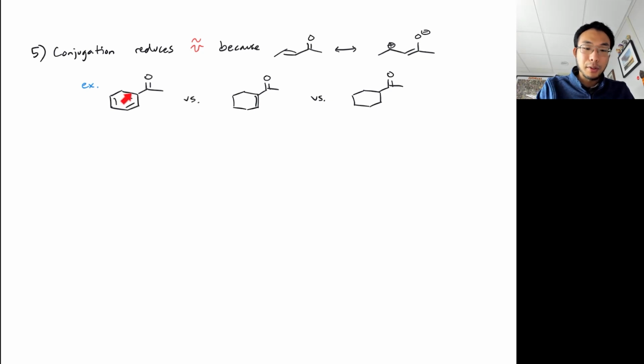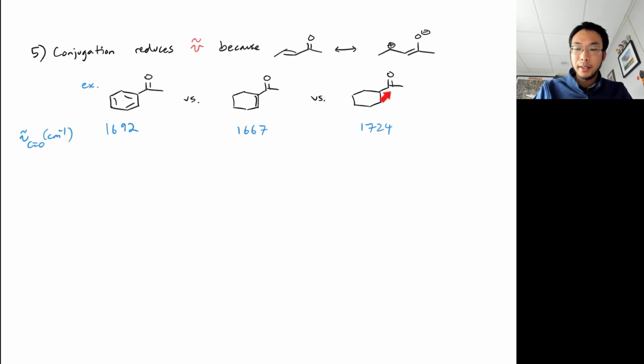You could think of it as conjugating a little bit outside here, but also conjugating to be aromatic. So we'd expect less impact on the stretching frequency. And the numbers bear that out. The regular ketone, 1724. The aromatic one, the somewhat conjugated version, 1692, so there is a shift.